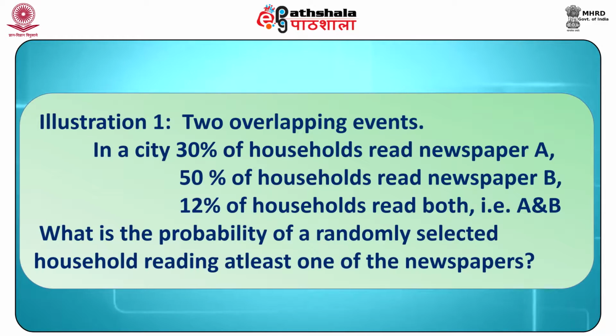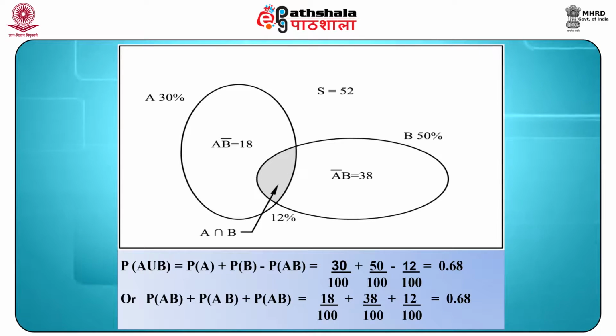Illustration 1, Venn diagram for two overlapping events. In a city, 30% of the households read newspaper A, 50% of households read newspaper B, and 12% of the households read both A and B. What is the probability that a randomly selected household reads at least one of the newspapers? The following is the Venn diagram for two overlapping events.